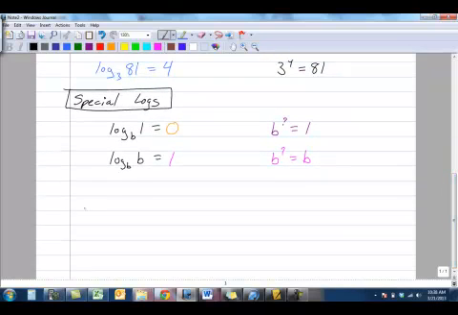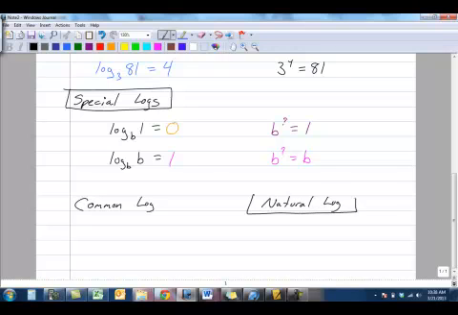There's two more. These are kind of important special logs we need to know too. Common log and natural log. Common log says this.